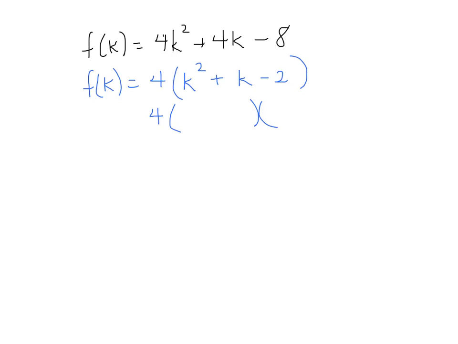I can just do k and k, what are the factors of 2? 2 and 1. The middle term is positive, so that means the bigger number will have to be positive and the smaller number negative. And if I get it backwards, no big deal, I'll just fix it. k squared minus 1 plus 2 is plus 1 minus 2. So f of k equals 4 times k plus 2 times k minus 1. And that's how that's factored.